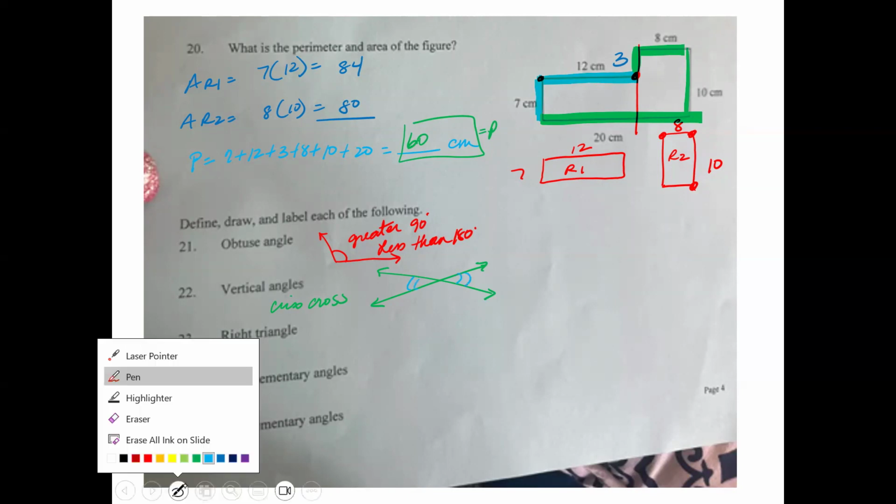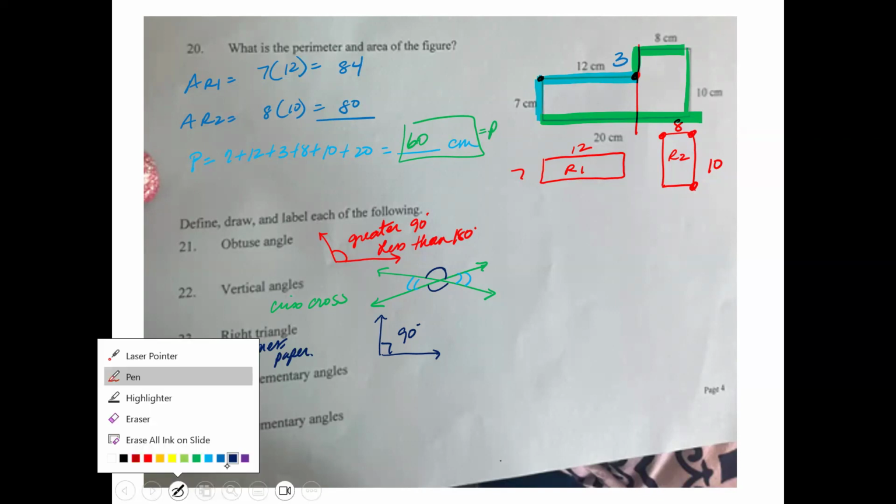Or actually not railroad, just crisscross. Like this. Make sure you have arrows over here. So vertical angles are like these angles right here. Do you see that in blue? And the dark blue, those are vertical angles, okay?